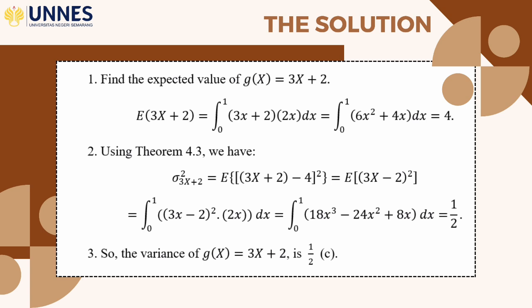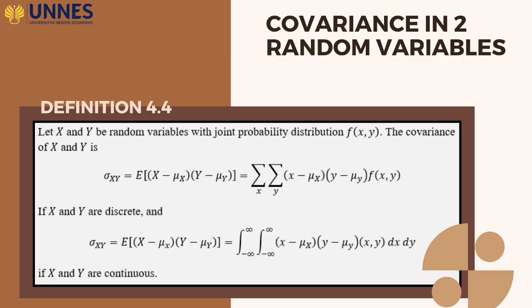So the integral is 18 times 1 over 4 x power 4 minus 1 over 3 of 24x power 3 plus 1 over 2 of 8x squared, and we have 1 over 2. So the variance of g(x) equal 3x plus 2 is 1 over 2.